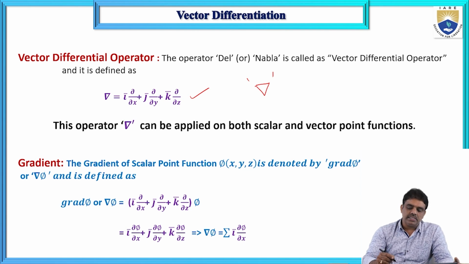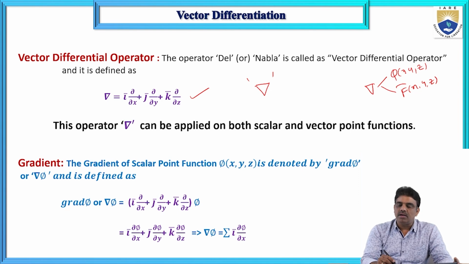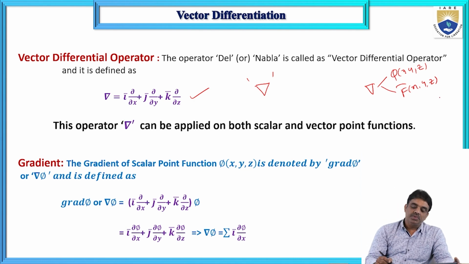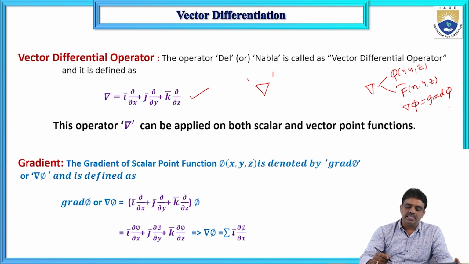In vector differentiation, del can be applied on scalar functions phi of x, y, z, and on vector point functions f bar of x, y, z. If del is applied on a scalar function, del phi is called the gradient of phi, which has physical significance.